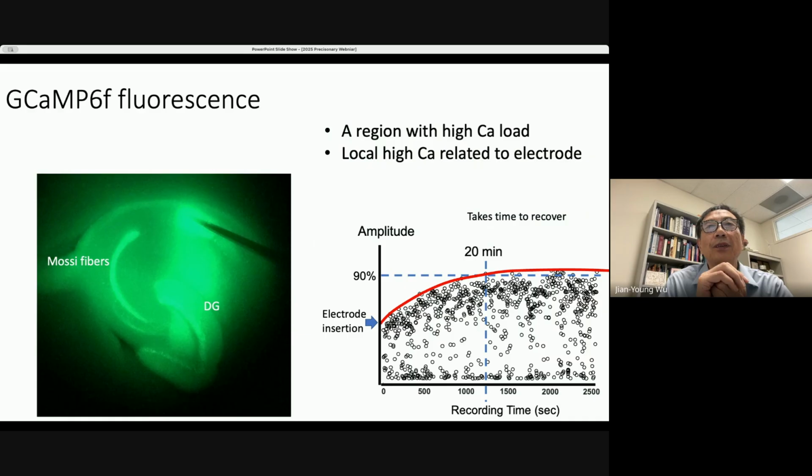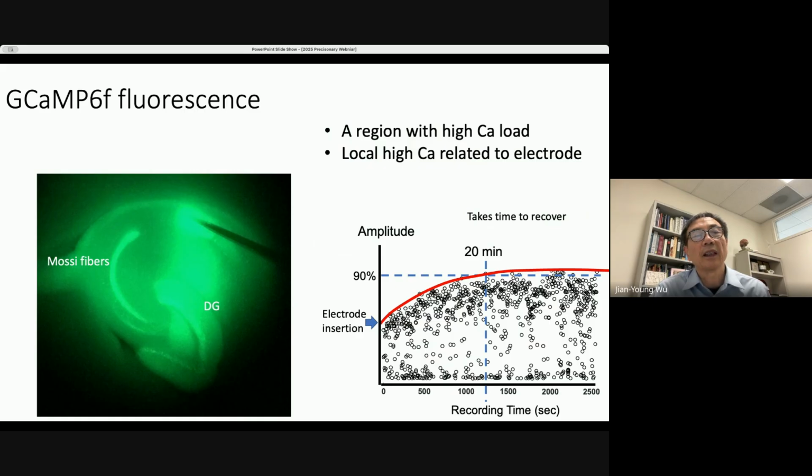So when you put the electrode in, you create a little damage, and the amplitude will be small. On the right, those dots are the amplitude of sharp waves, and the x-axis is time in seconds. When we first put the electrode in, we often see the amplitude reduced, and it takes about 20 minutes to recover to 90% of the normal amplitude.